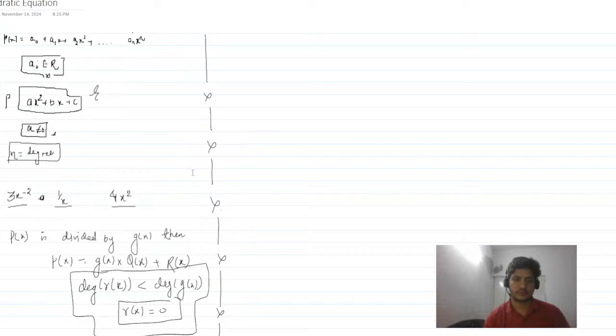Now, you have to find the remainder of x to the power 1000 plus 1 when divided by x square minus 3x plus 2.